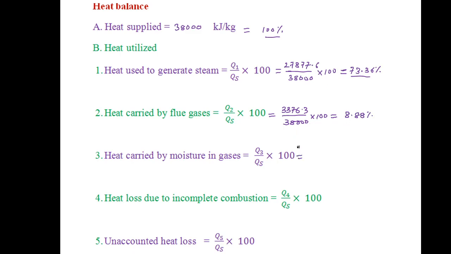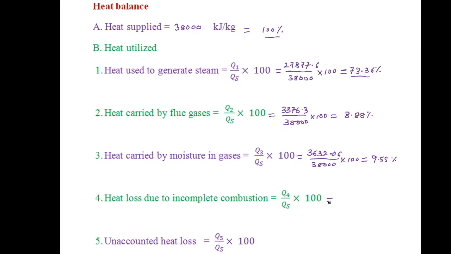Then moisture also carries heat along with it in the flue gases. So Q3 is 3632.06 divided by 38,000 into 100. This gives 9.55%.